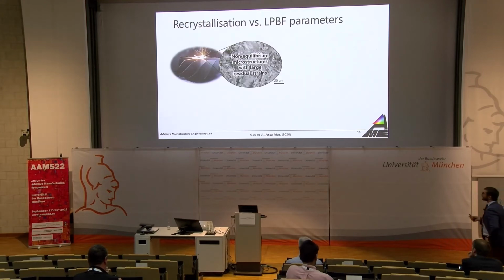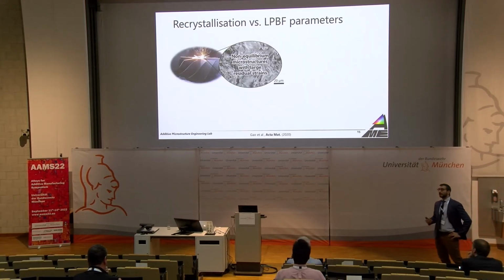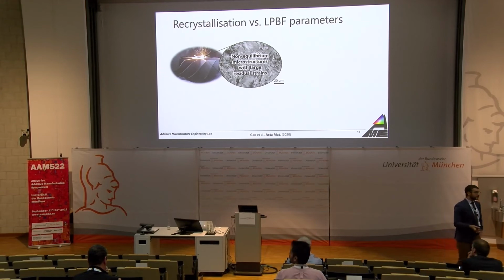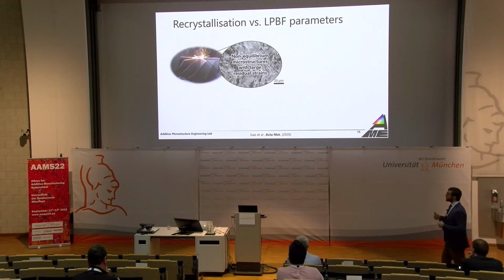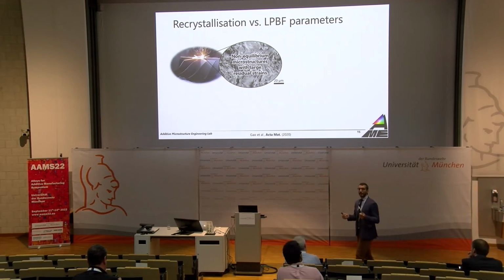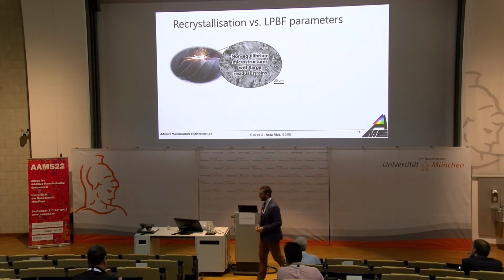The first thing that comes to mind is that recrystallization is driven by strain energy, and I can maybe engineer the residual strain in my microstructures by playing with the laser parameters, because we all know that AM gives us non-equilibrium microstructures.